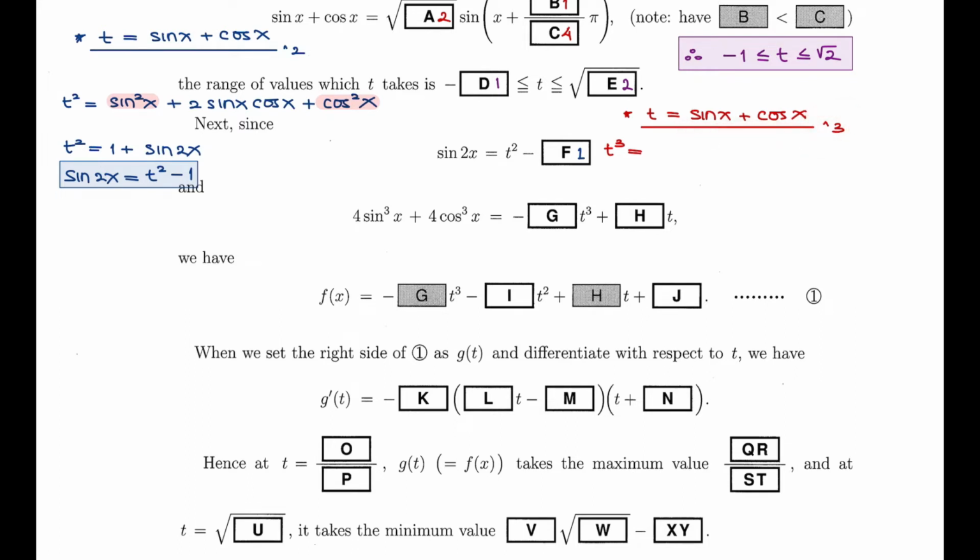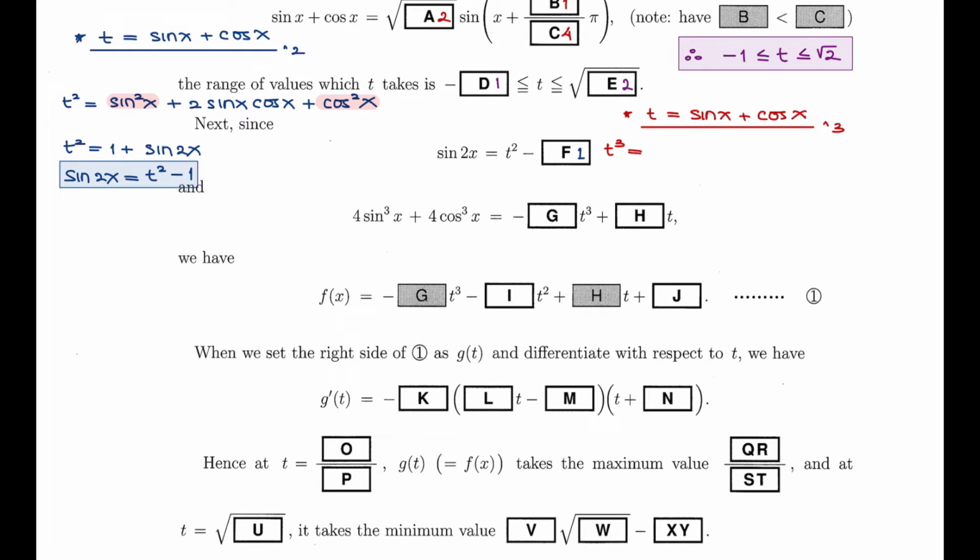I think you can do it by yourself. Sine x plus cos x to the power of 3. We can use the binomial expansion formula, or we can use Pascal's triangle or anything else. But I think you guys can do it by yourself.